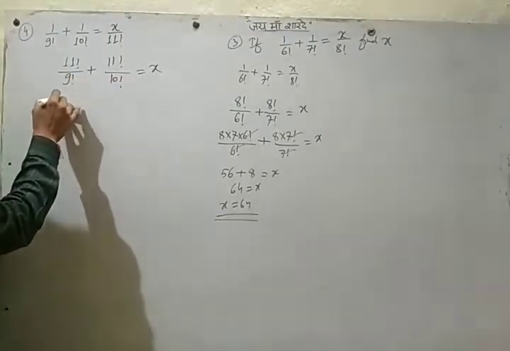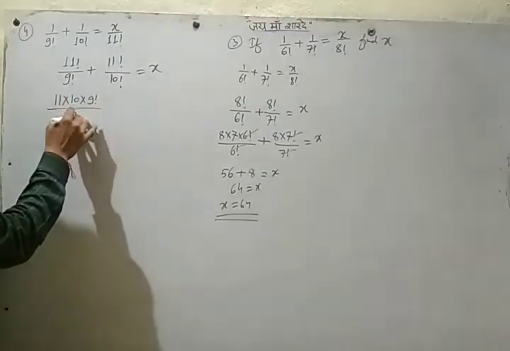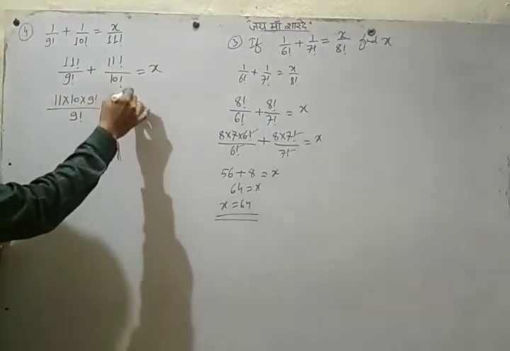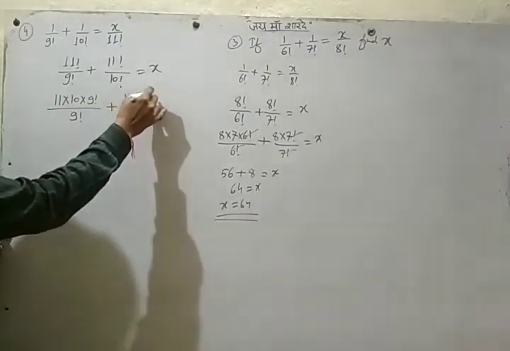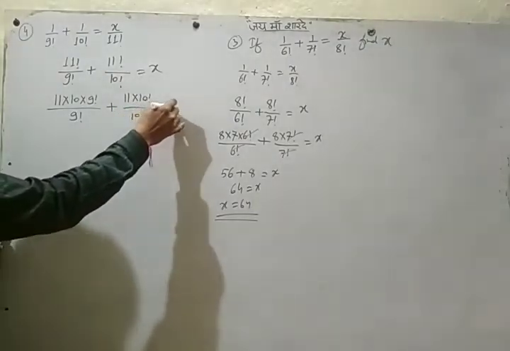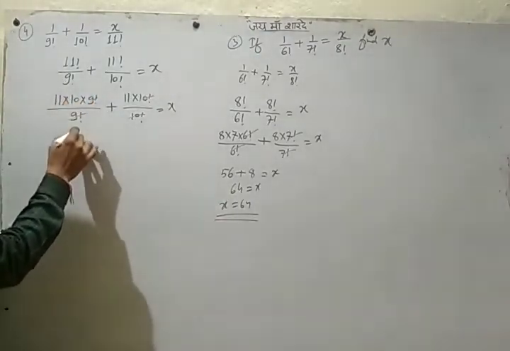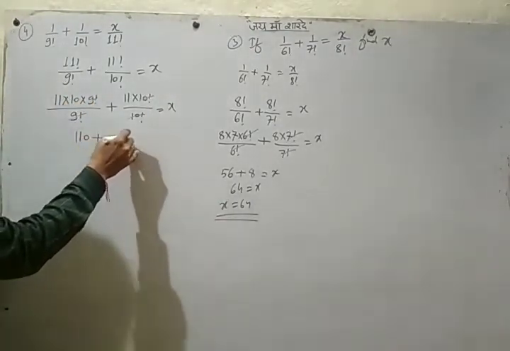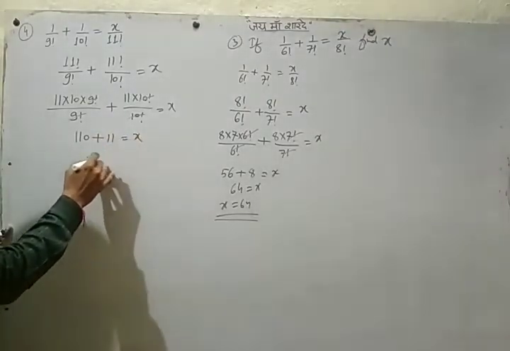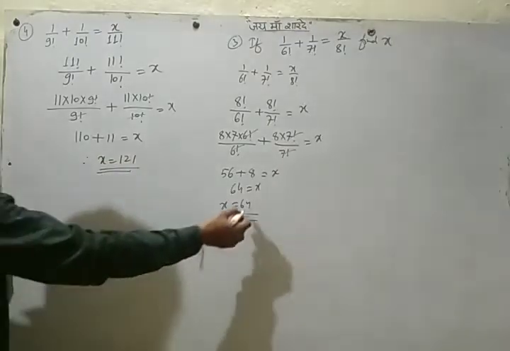Then 11 factorial is 11 into 10 into 9 factorial upon 9 factorial, plus here you can write 11 into 10 factorial upon factorial 10, is equal to x. This cancels out, here we cancel out this too. So we get 11 into 10, 110, plus 11 equal to x. Means x is 121.